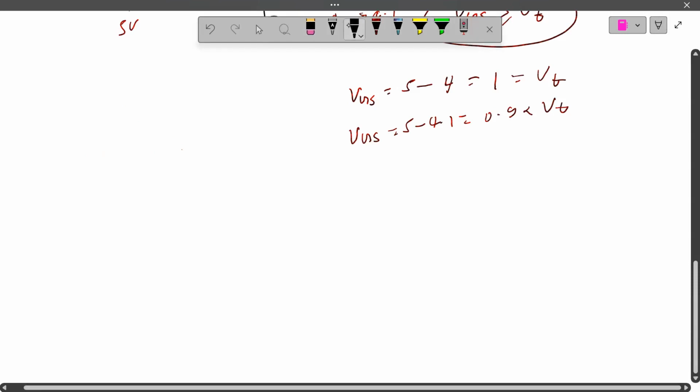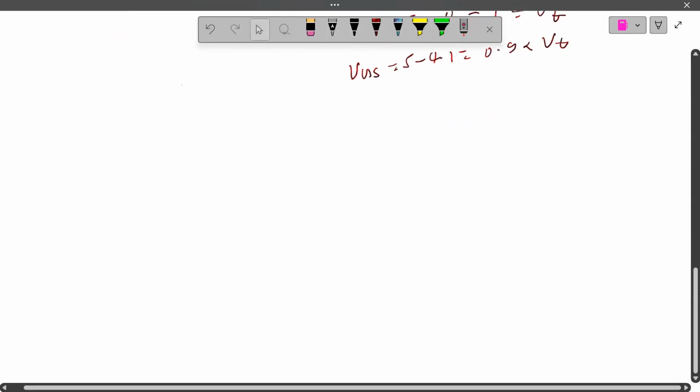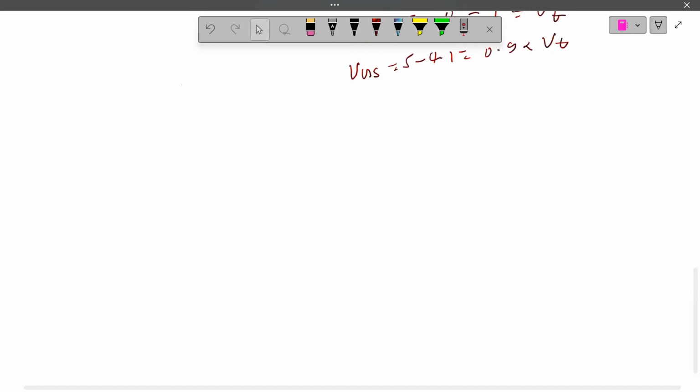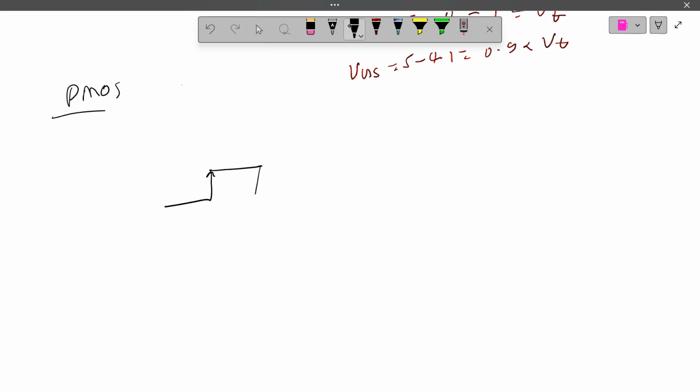Okay, I'm taking the case of the PMOS device. In the PMOS case, this is the same definition for PMOS also.